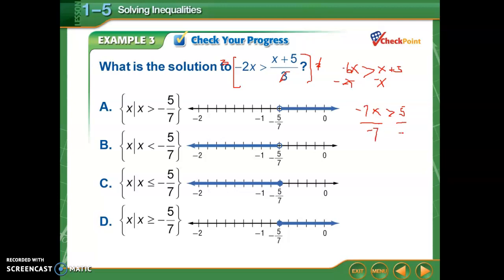And remember, you're going to switch the sign since you're dividing by negative 7. So x less than negative 5/7, okay? So no line at the bottom, so it's going to be an open circle, and then pointing to your left, negative 5/7.